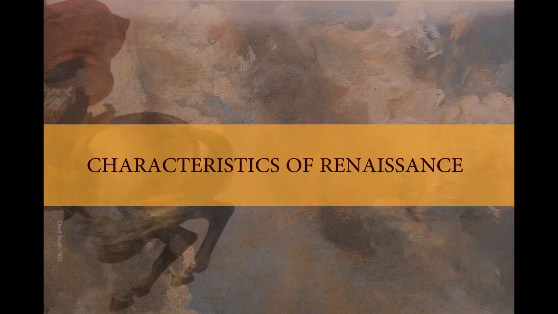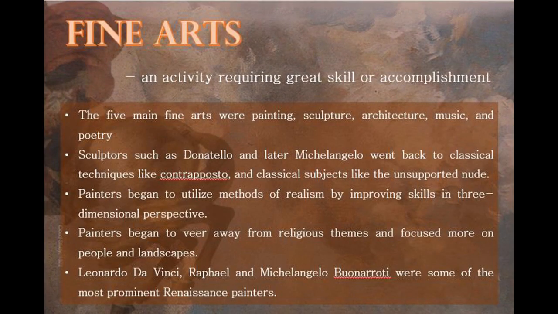There are characteristics of Renaissance which are: 1. Fine arts, which is an activity requiring great skill or accomplishment. The 5 main fine arts were painting, sculpture, architecture, music, and poetry. Sculptors such as Donatello and later Michelangelo went back to classical techniques like contrapposto, and classical subjects like the unsupported nude.